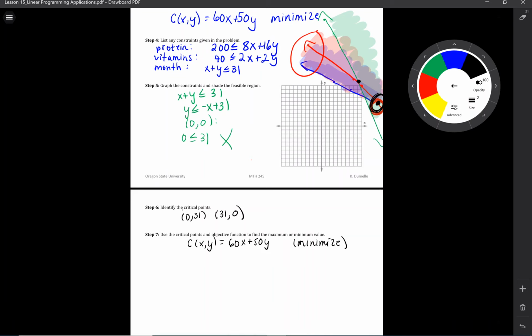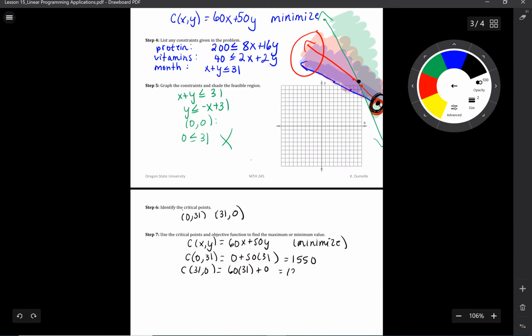C of 0, 31 will be 0 plus 50 times 31, which is equal to 1550. C of 31, 0 is equal to 60 times 31 plus 0, which is equal to 1860.